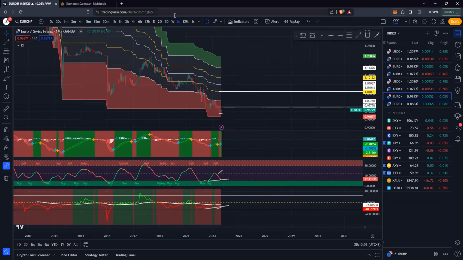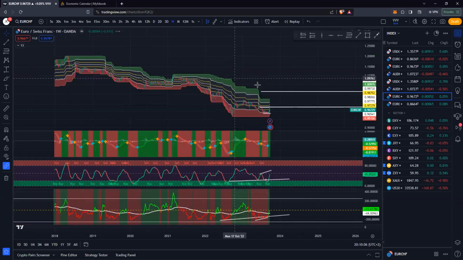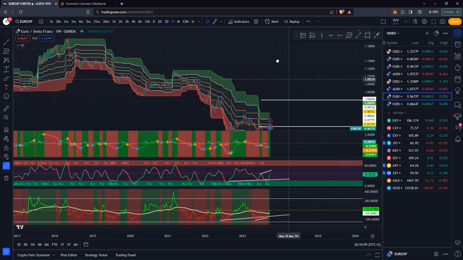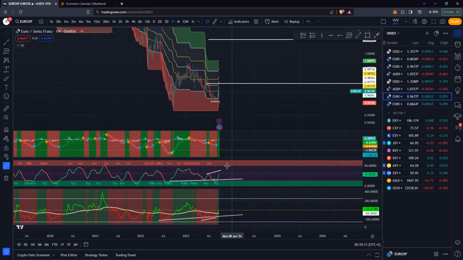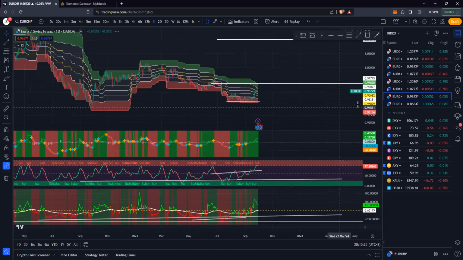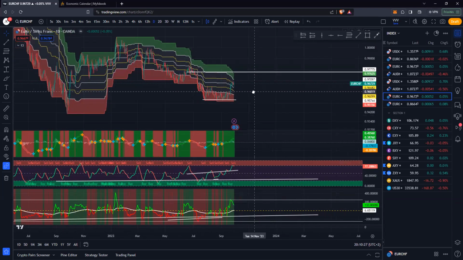Okay, so there is a divergence forming right there, and there is the first target zone. This could be a potential divergence, but it depends on how aggressively it goes. Actually, there was also a divergence here from the last weeks, as I said, and the first targets were hit.